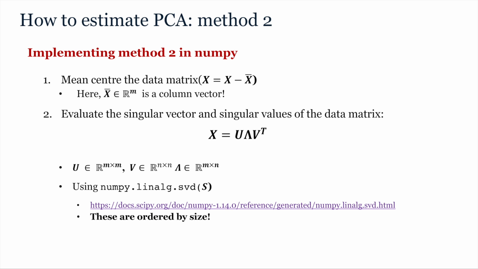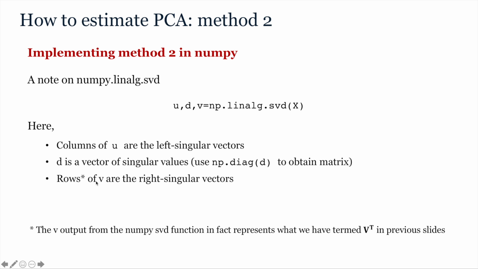Then, to implement this in NumPy, what you need to do is first subtract the mean vector, as before, and then estimate the singular vectors and values of the data matrix X using NumPy's SVD function. Noting that to project data onto this basis so as to maximize variance between samples, you want to project onto the matrix U. Note, NumPy SVD returns eigenvalues and vectors ordered by size, so you don't have to do this yourself. And the right singular vectors will be transposed by default. So in other words, V returned here is equivalent to V transpose from the equation on the previous slide.